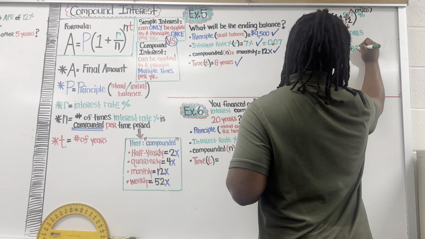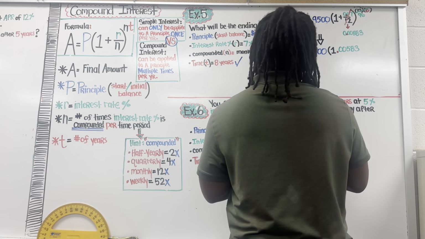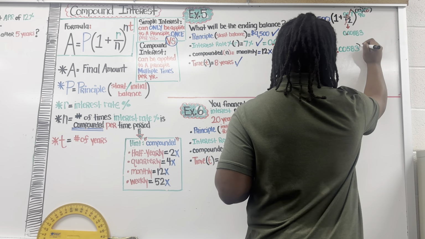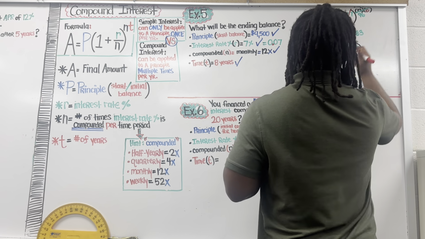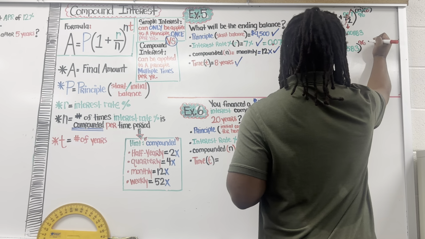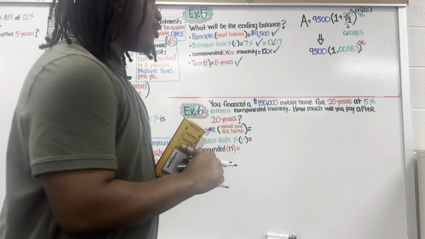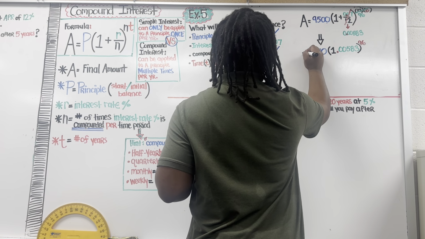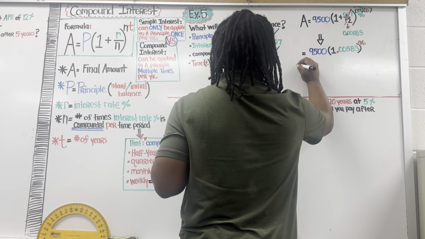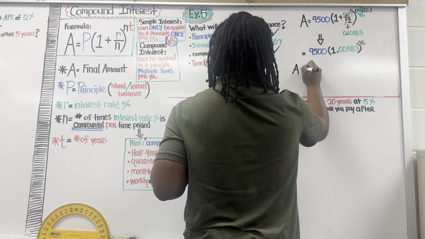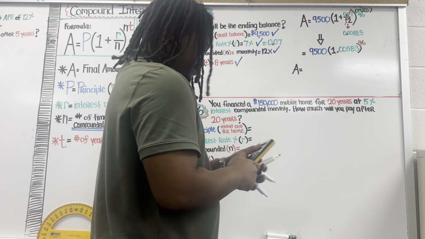That's what it equals as I add both of those values together. And remember, it's to the 96 power. All you have to do is plug this expression into a TI-84 calculator, and then you will get the answer. So that's what I'm going to do to get the final amount.